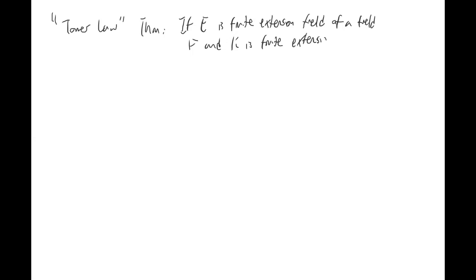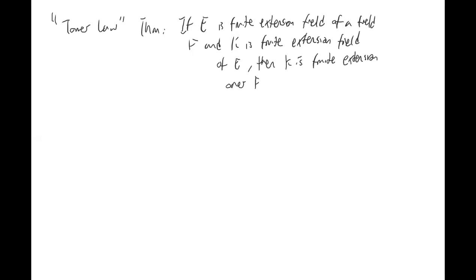So if E is a finite extension field of a field F, and K is a finite extension field of E, then K is a finite extension over the base, over F.